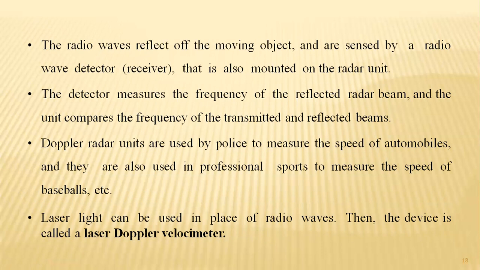Usually, these Doppler radar units are used by the Department of Police to measure the speed of automobiles. Casually, we can see them on highway systems also. A perfect example is measuring the speed of vehicles moving within a limited range.